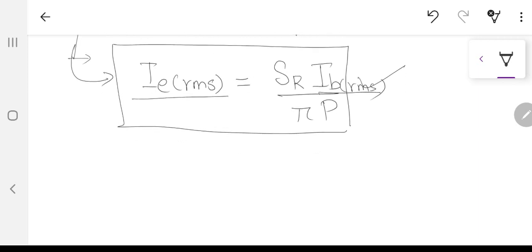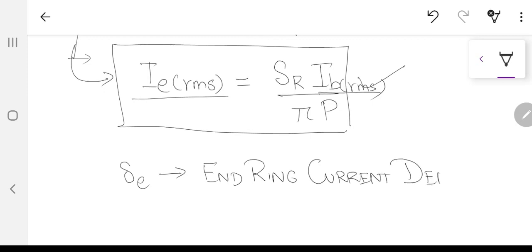And now the last thing, which is very important, is that you have to decide on the end ring current density. This delta E is going to be in the range of 5 to 8 amperes per mm square.